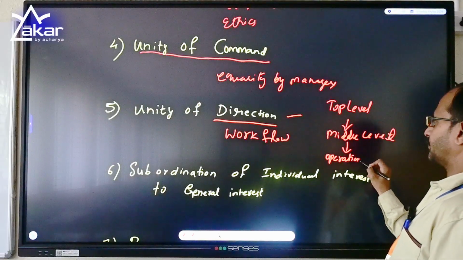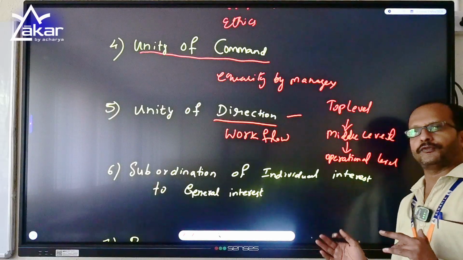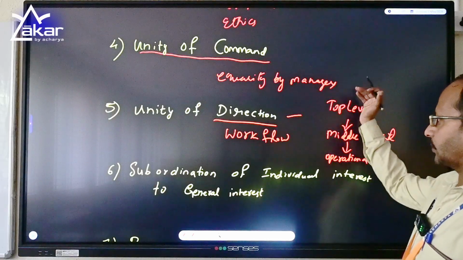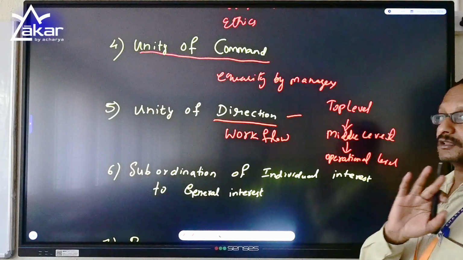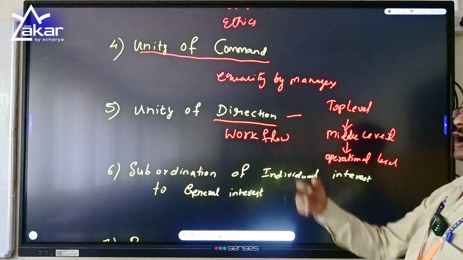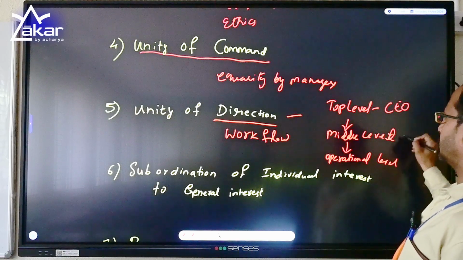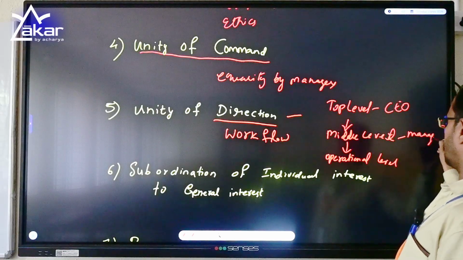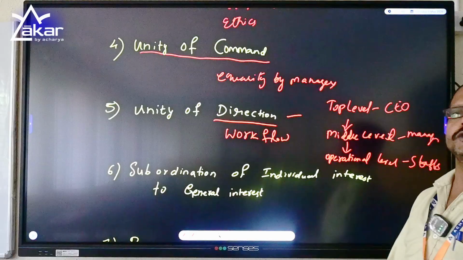I think I told you in the first chapter, these are the levels of management, and the direction should flow from top level to middle level to lower level, and should not go from operational level to middle level and from middle level to top level, vice versa. So either the CEO or the head of the department should give to the managers and then to the staff. So this is called unity of direction.